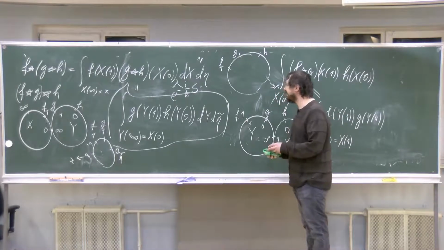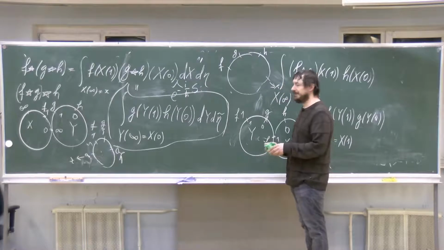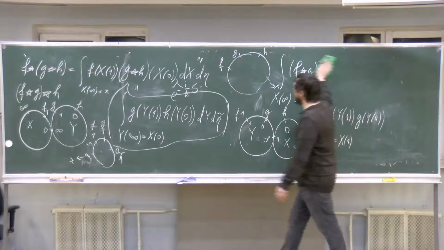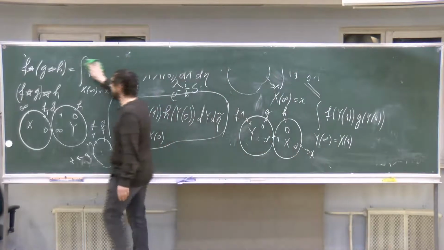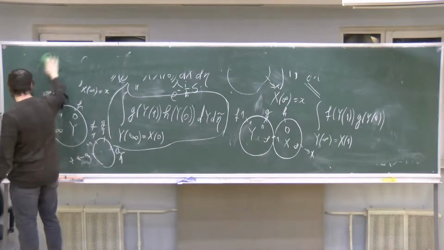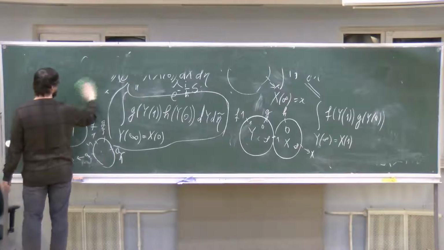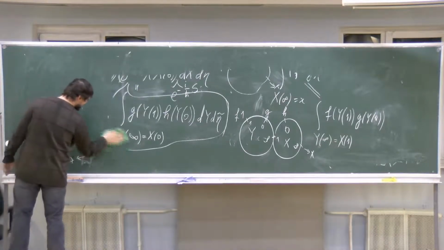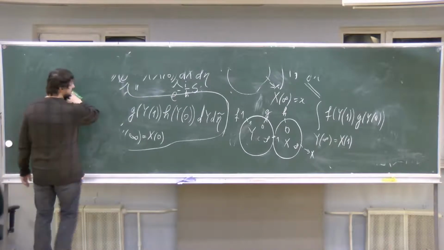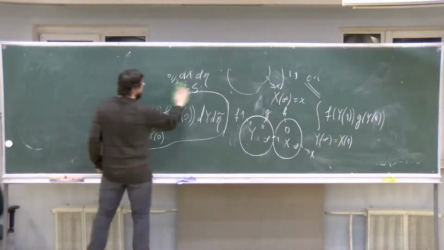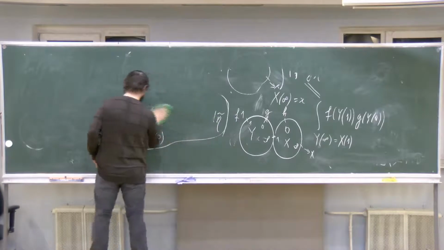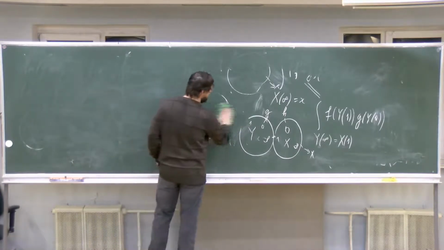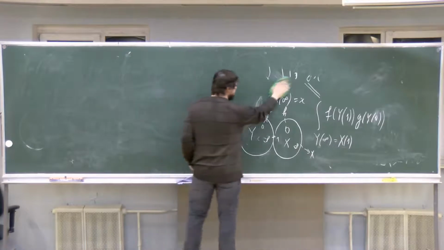Okay, that was the first part of today's story. The second part was, I tried to formulate and probably describe in some detail the proof of the Duflo formula, which is due to Kontsevich.